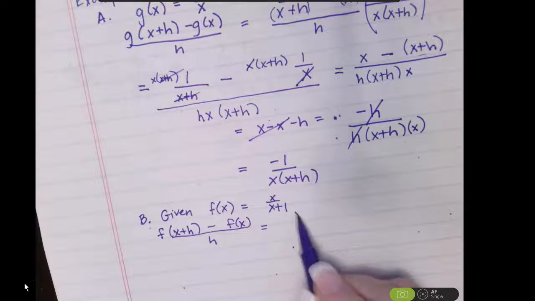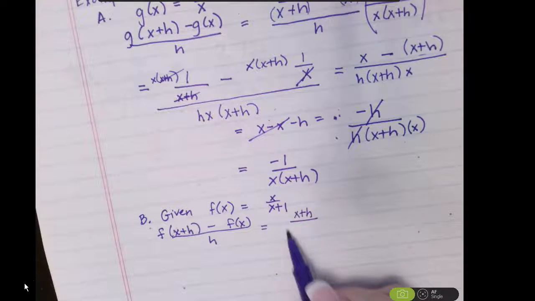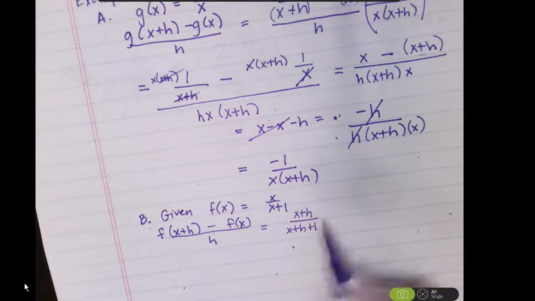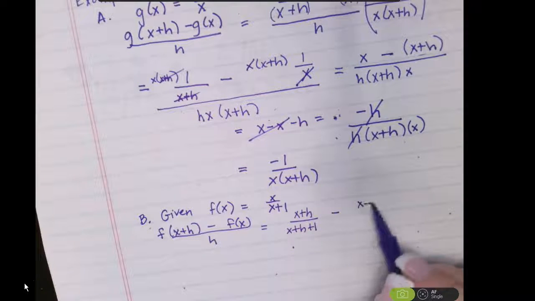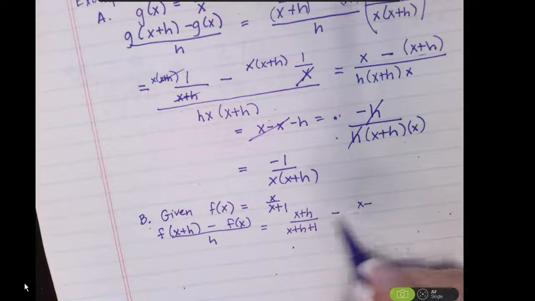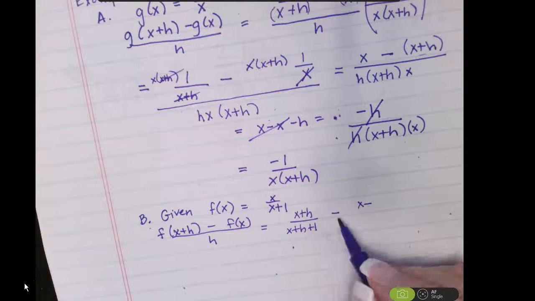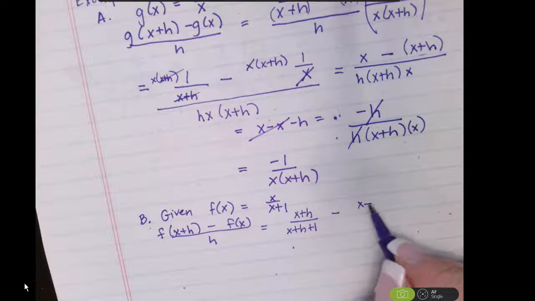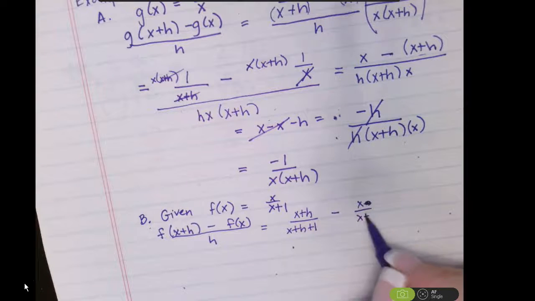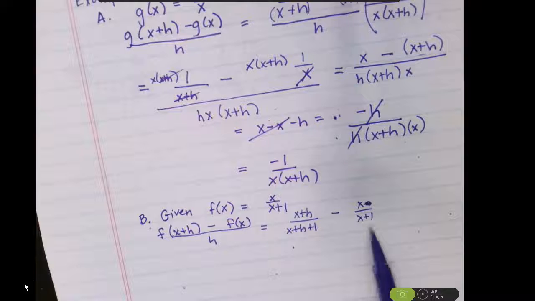So x plus h over x plus h plus 1, minus x over x plus 1. And then I'm going to multiply through by the common denominator.